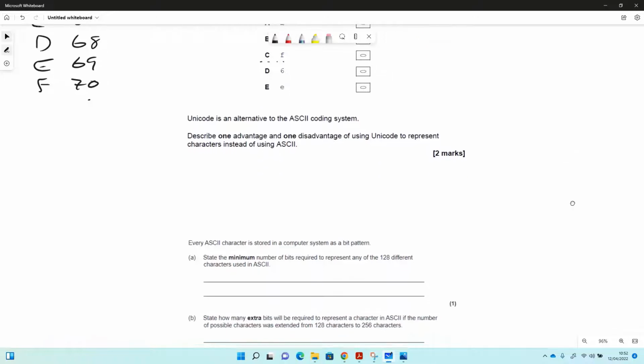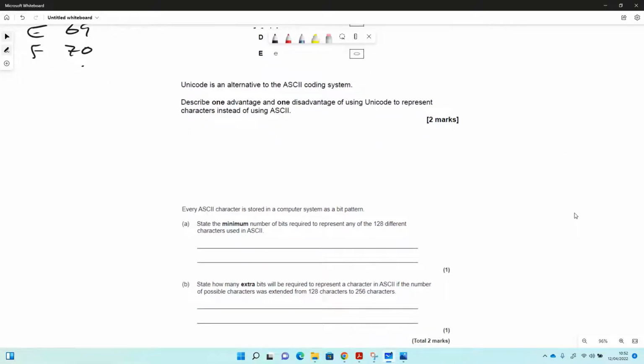So then we've got another question here. Unicode is an alternative to the ASCII coding system. Give one advantage and one disadvantage of Unicode to represent characters. Well, Unicode is usually 16 bits, could be more. If there's 16 bits, then there's 65,536, I think, different characters.